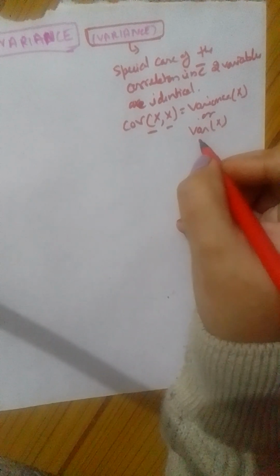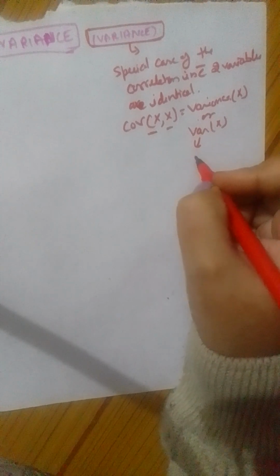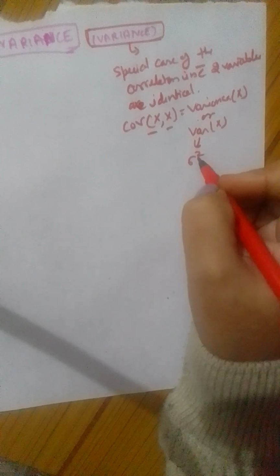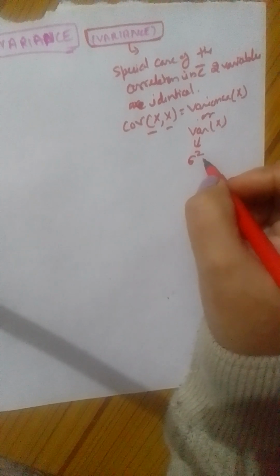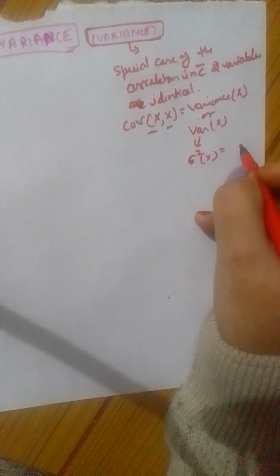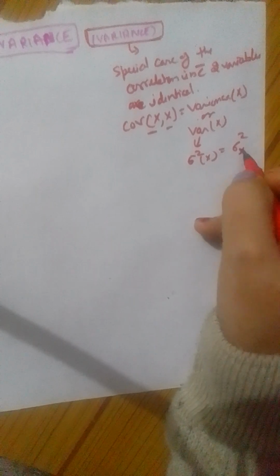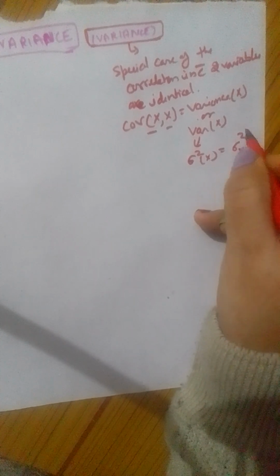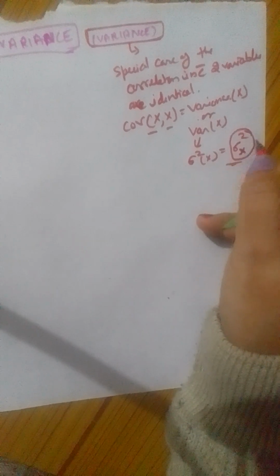In my previous video, I told you that this variance is signified in mathematical operations in data science as sigma x square. We denote it like this: variance of x, sigma x square.